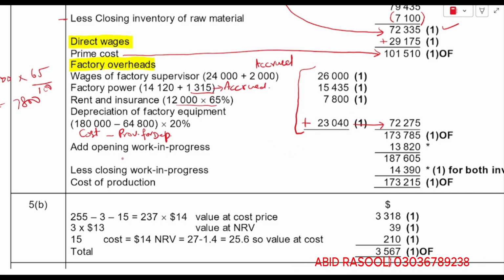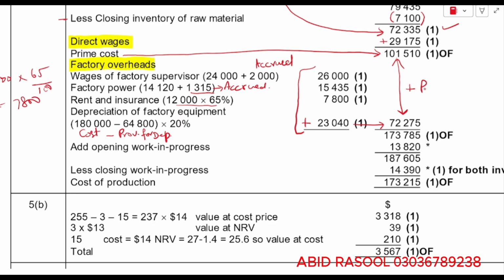Okay, now after doing these two things, direct cost and indirect cost, there is working for the work in progress balances. We add opening work in progress. See, how we go: the sum of these two values will be added, prime cost plus factory overheads.